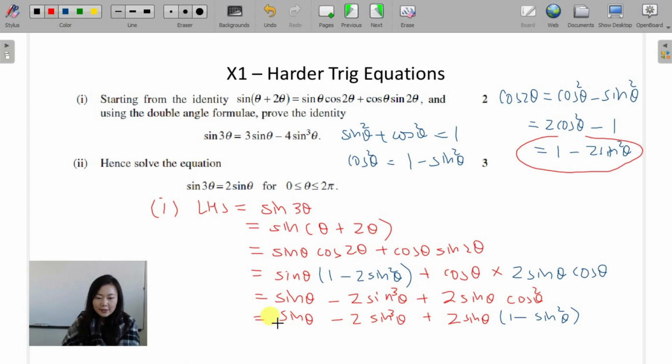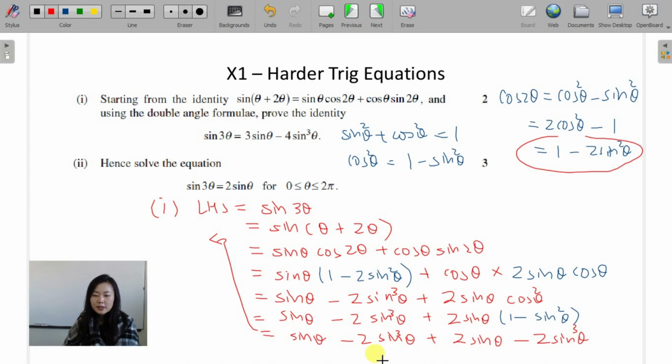I'm trying to really squeeze this in so I don't need to flick over to the next page. So expand this. Okay, I'm going to put the final line here.